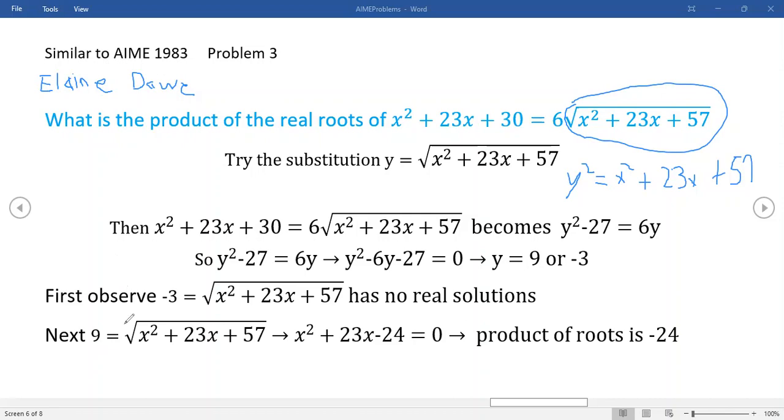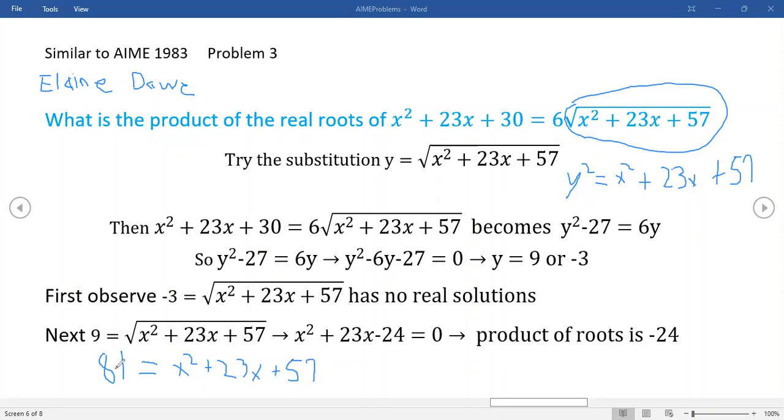Now, right here, folks, if we let 9 equal this, and you square both sides, you get 81 equals the radicand, plus 57, and then of course that leads to that very next statement.